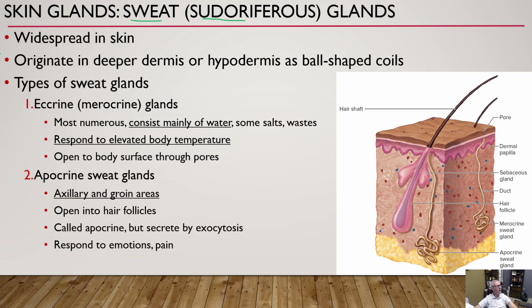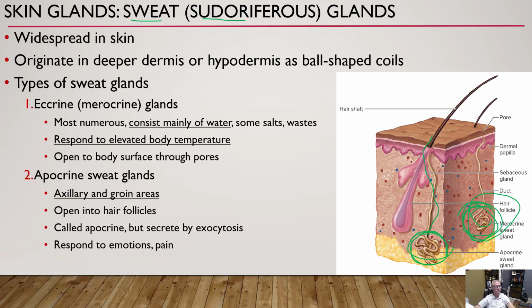They're very widespread throughout the skin. They're going to originate in the dermis or hypodermis as these ball-shaped coils and go up through, or I'm sorry, that's apocrine. Here, merocrine. Merocrine sweat glands.